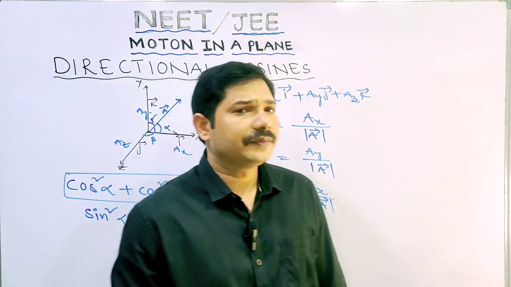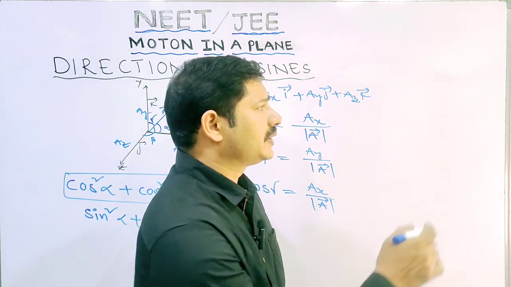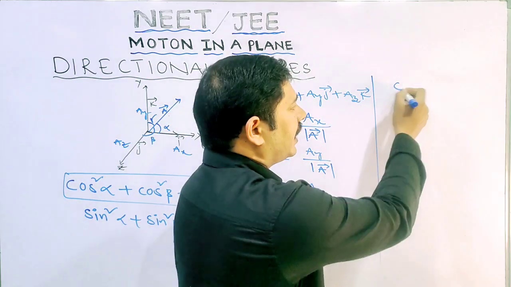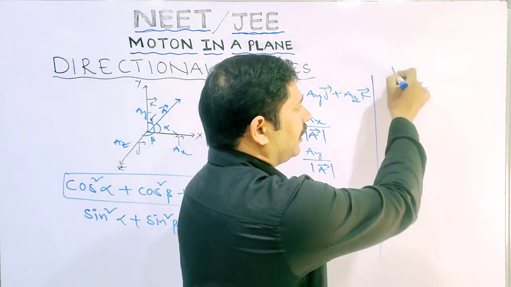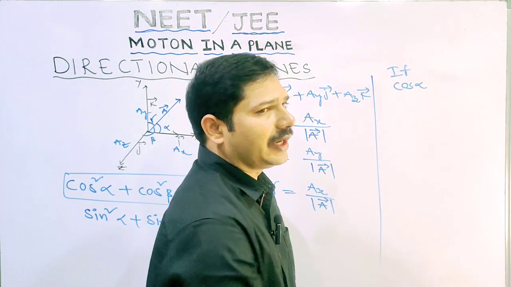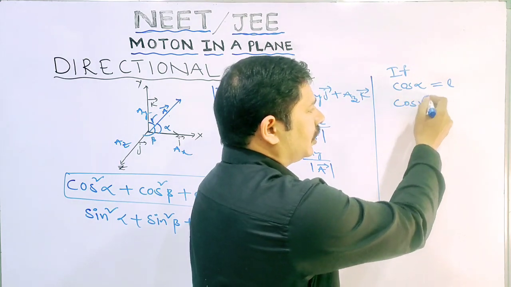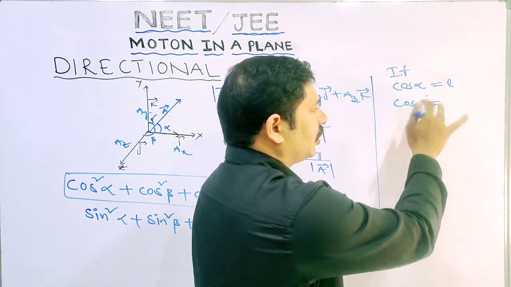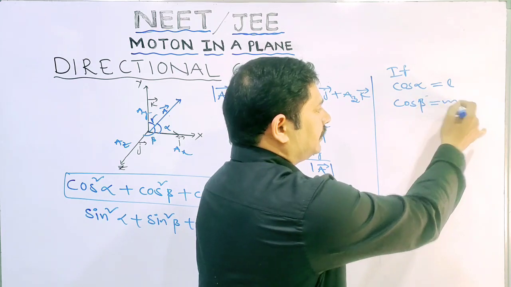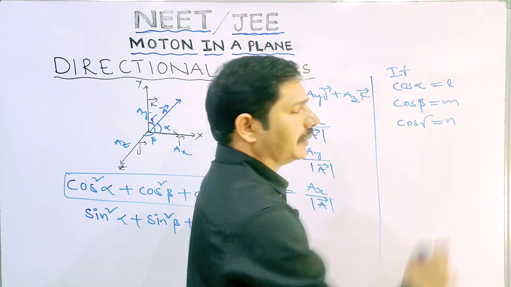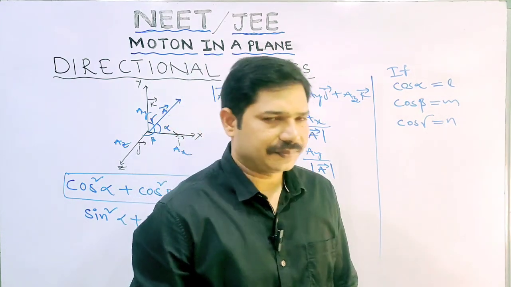In directional cosines they'll ask like this: if cos alpha equals L, cos beta equals M, cos gamma equals N, then what is the relation?